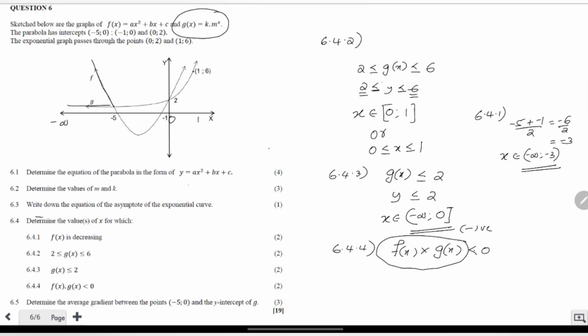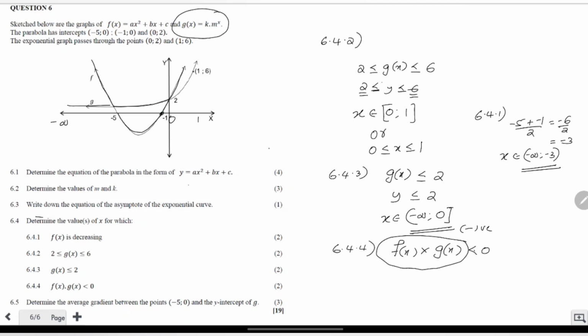But from minus 5 to minus 1, what will happen? The parabola is negative, under the x-axis, and the exponential graph is over the x-axis, which means one is positive, the other one negative. Then after minus 1, what will happen?